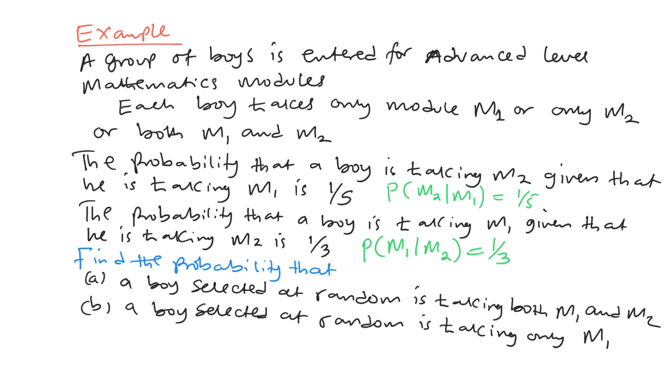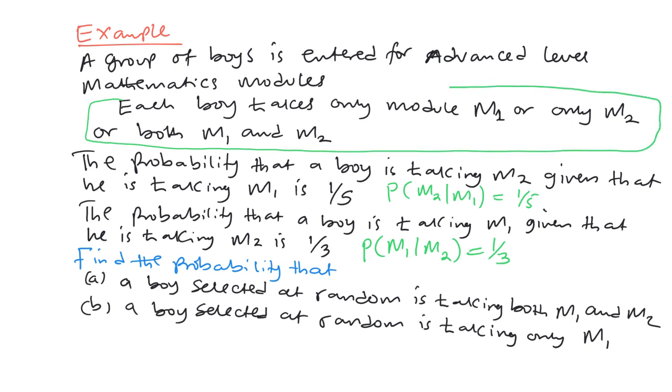The intersection will come from the statement which says that each boy takes only module M1, M2, or M1 and M2.